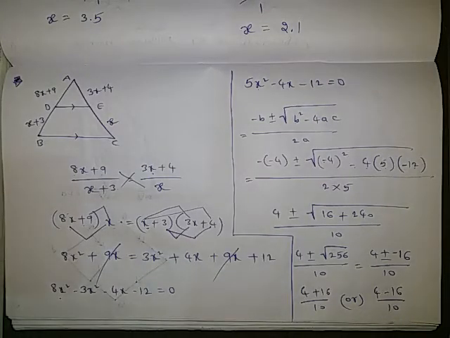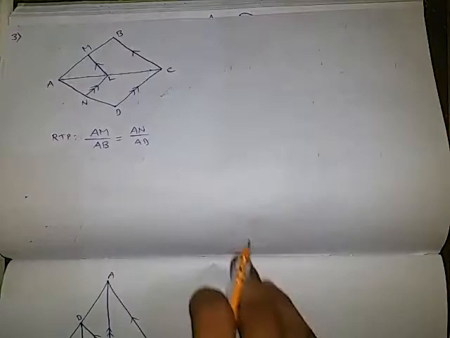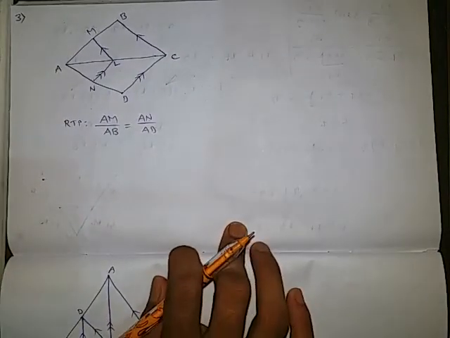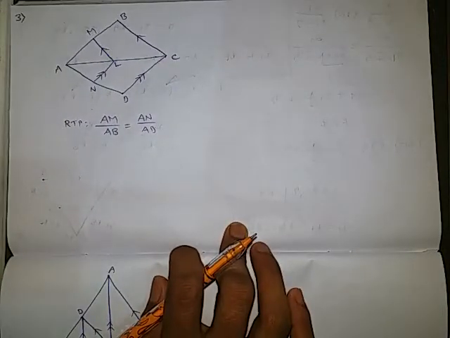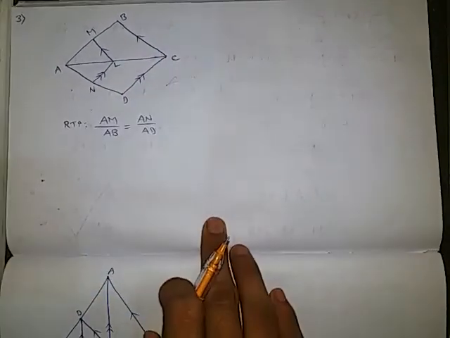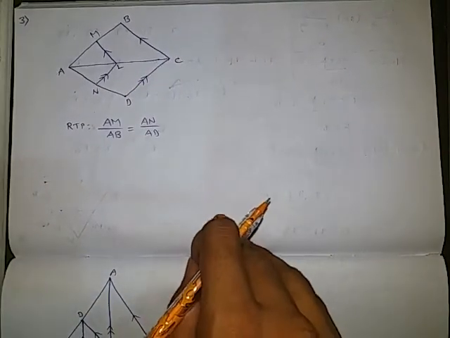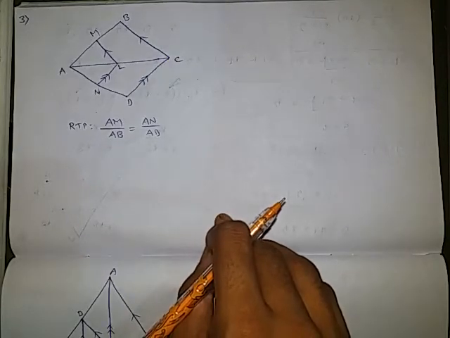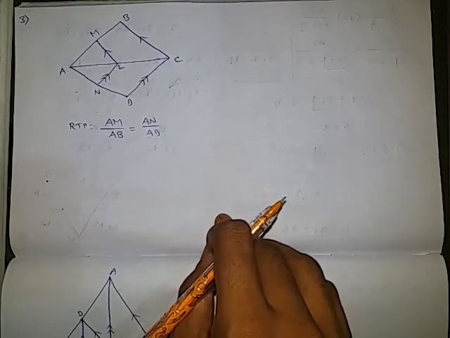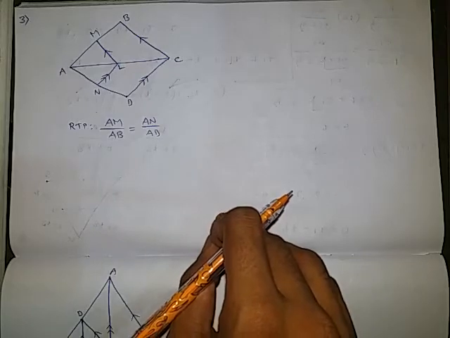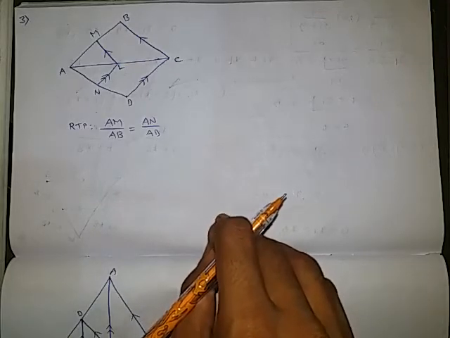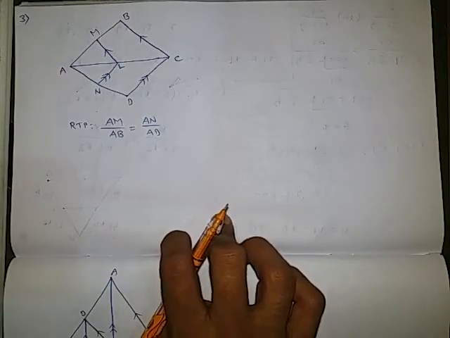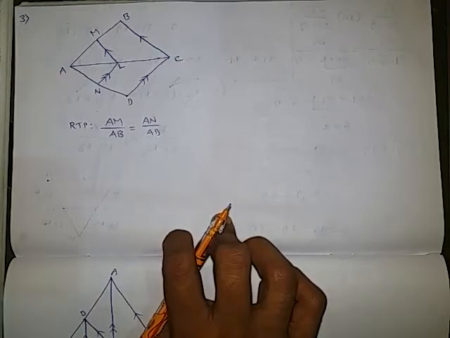Okay, let us move to the next question. These kinds of figures are the main reason why most students fear similar triangles. No need to worry about any figure in the similar triangles chapter, because in the whole chapter we have two kinds of figures.